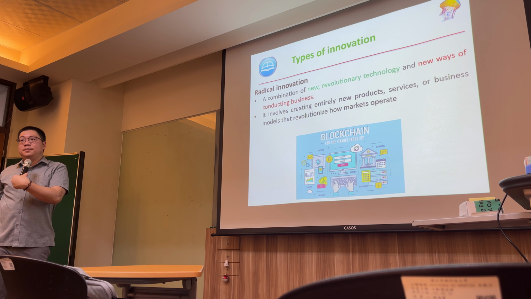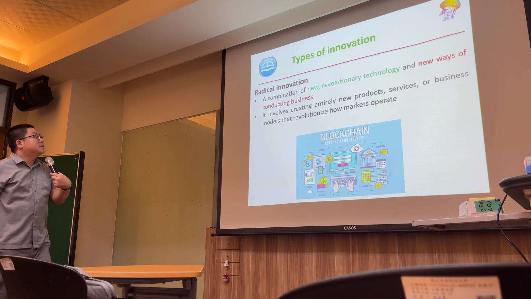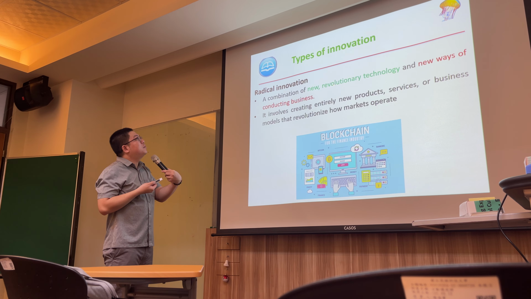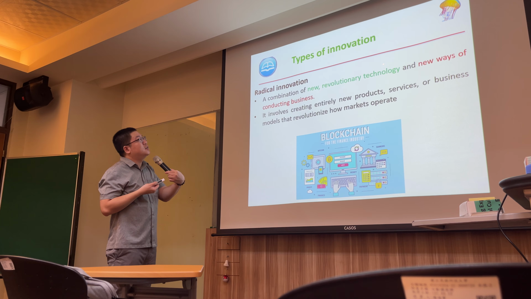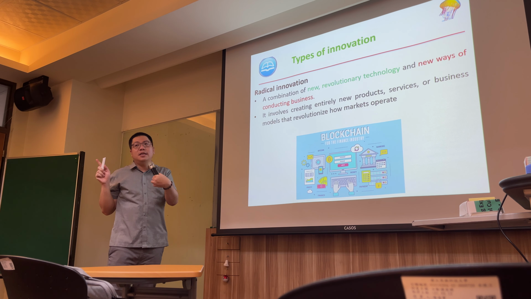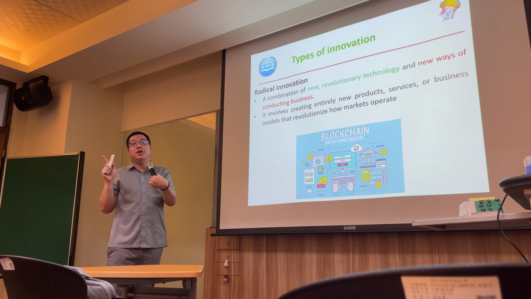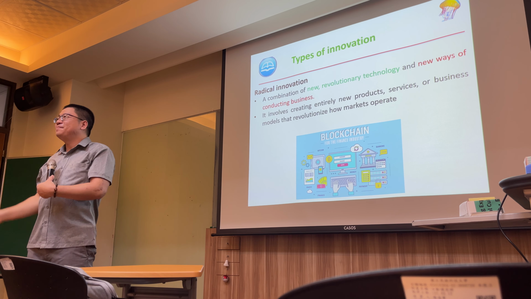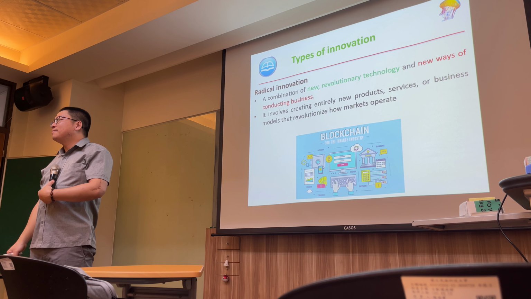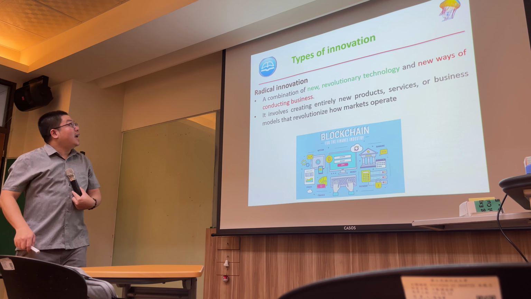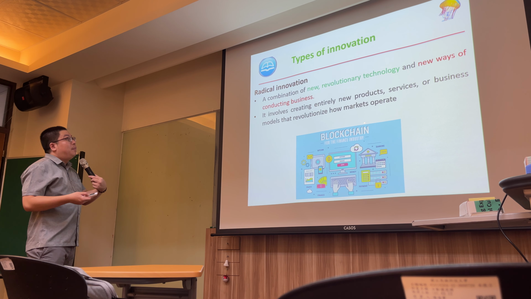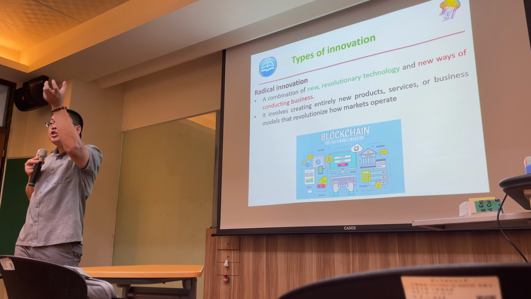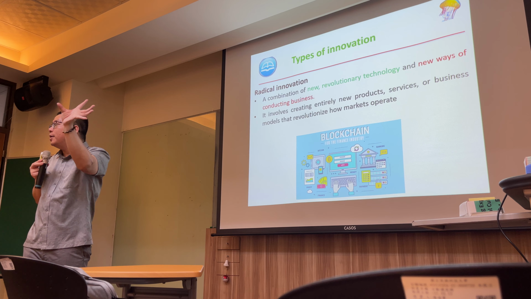Radical innovation is a combination of new and revolutionary technology and a new way of conducting business. So for radical innovation, it should be new technology. For example, blockchain. The appearance of blockchain changed the financial industry.